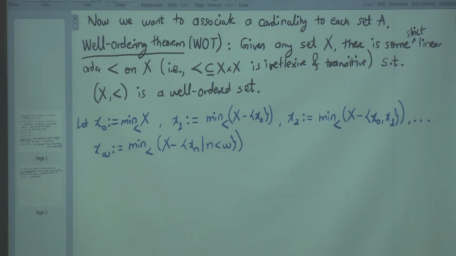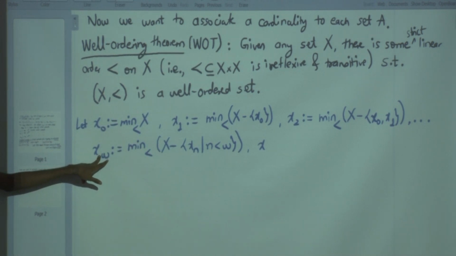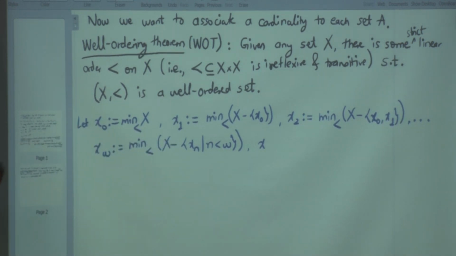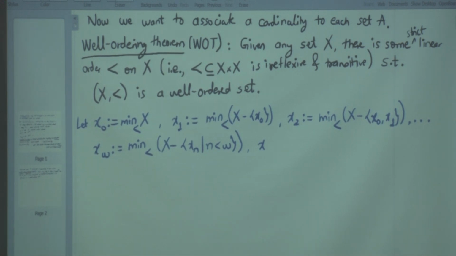Then, if this set happens to be non-empty after removing x omega, I can define x sub omega plus 1, which will be the minimum of X minus the collection of x sub beta where beta is less than omega plus 1.